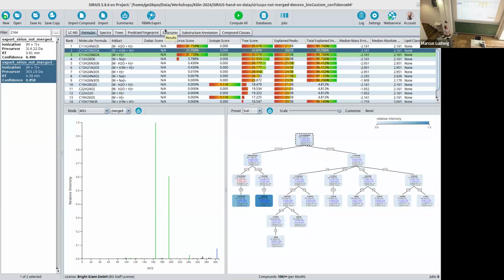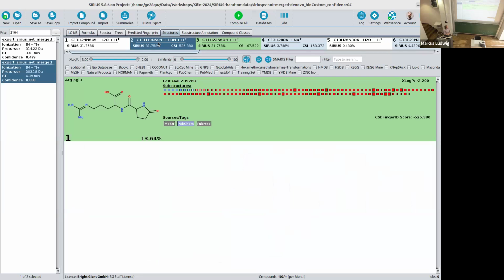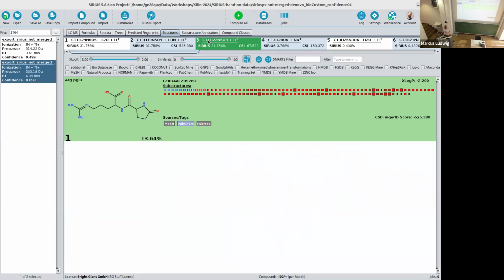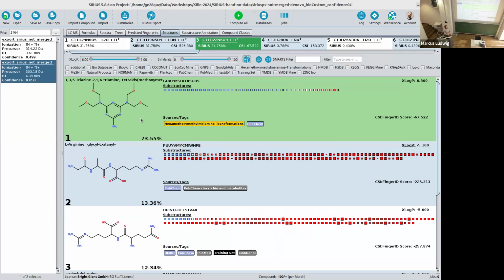But if you then go to the structure database, you can see if you also get a hit in the database with other adducts. The good thing is this one is still our best hit, but sometimes it may happen that the wrong adduct was annotated, and it's always possible to go back, change the adduct from the pre-processing and double check if this is really a good hit. So these are all the options you have to do so.